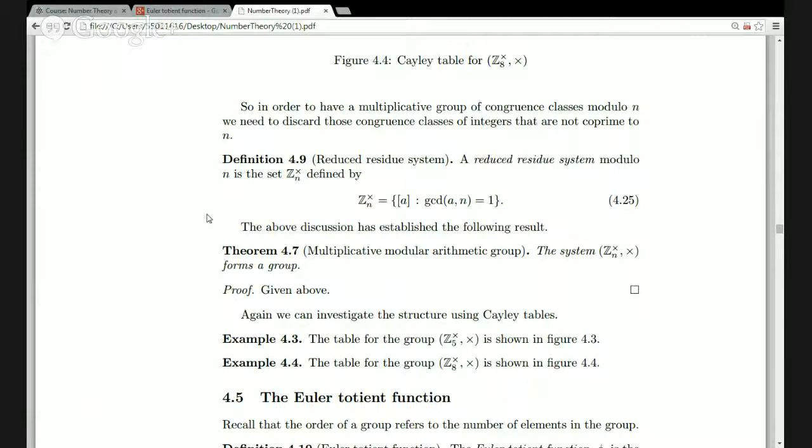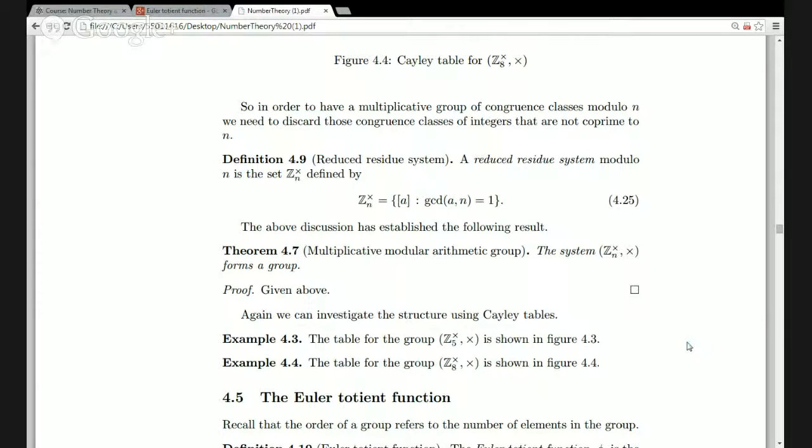So what were we doing last time? Groups based on the set Zn. The Zn was the set of congruence classes modulo n. So it's this system of all the remainders that you get when you divide something by n.